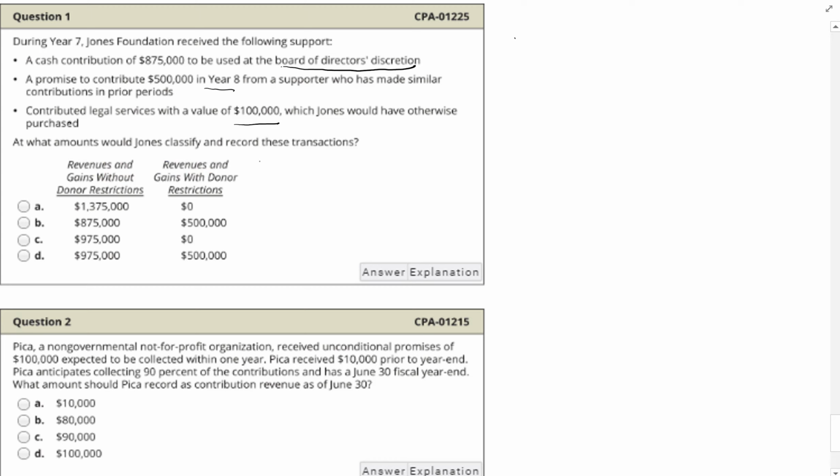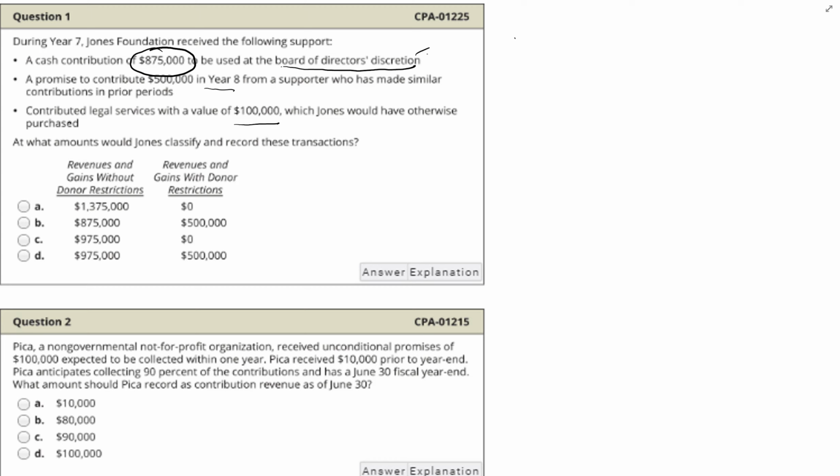So here they are first receiving $875,000, a cash contribution. The point talks about discretion, but it is the board of directors' discretion. It's not a restriction imposed by the donors.